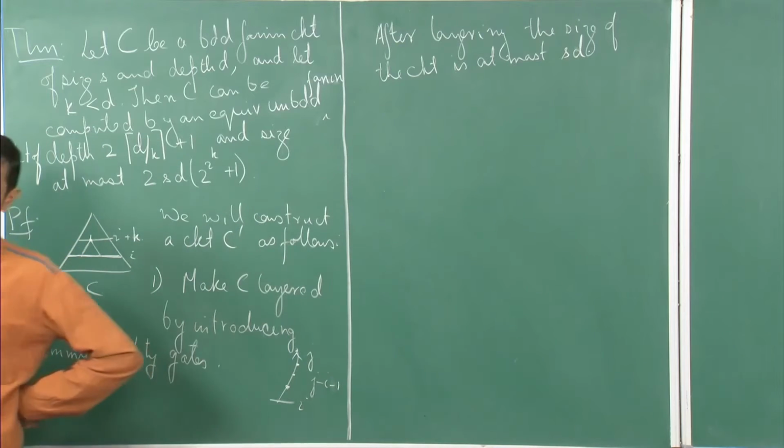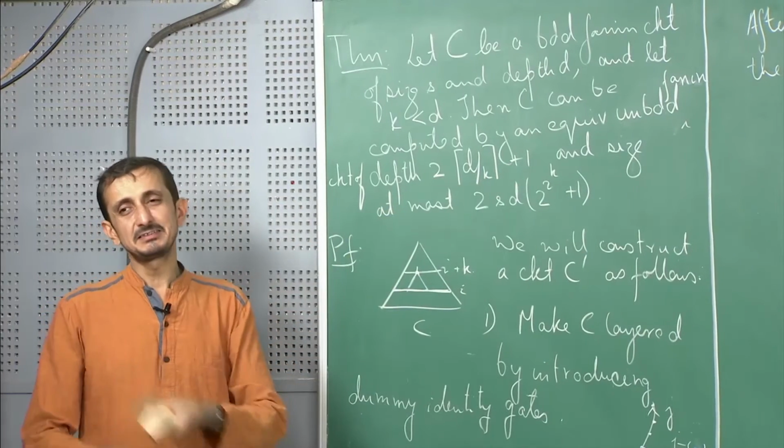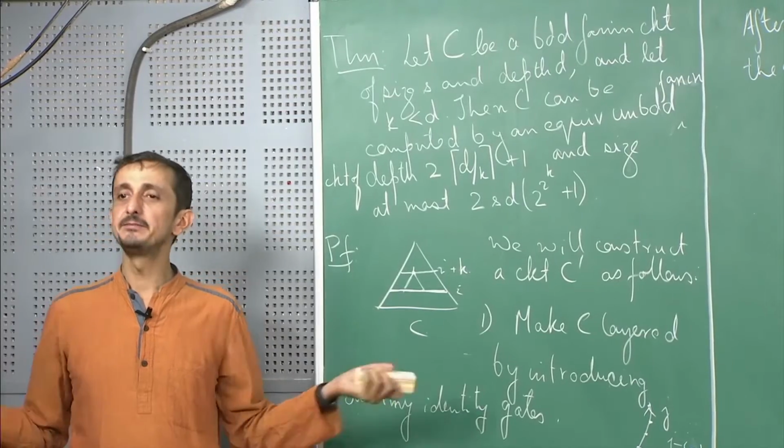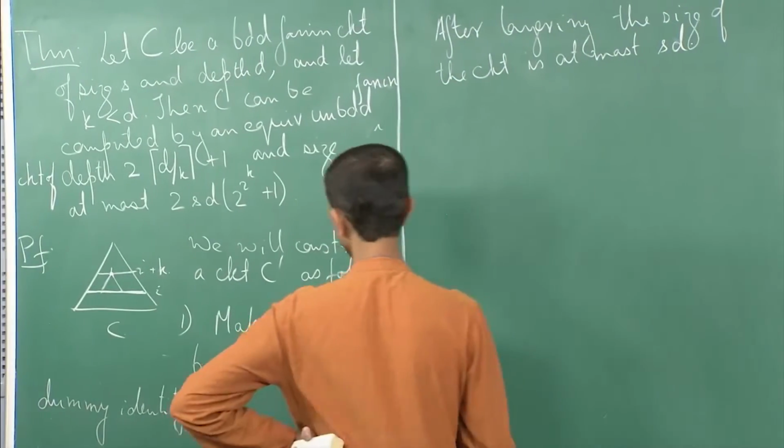So, the size of a DAG I can assume to be the number of edges, and for every edge at worst case I will be adding D many dummy nodes. So, therefore, it is at most S times D.